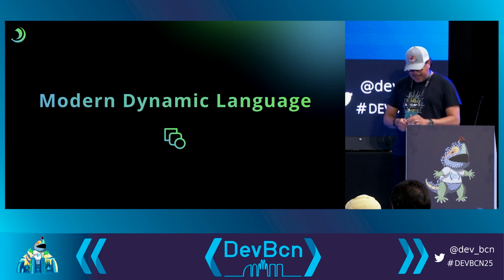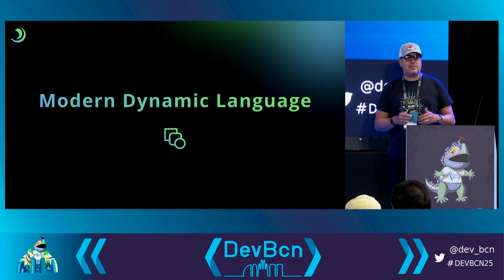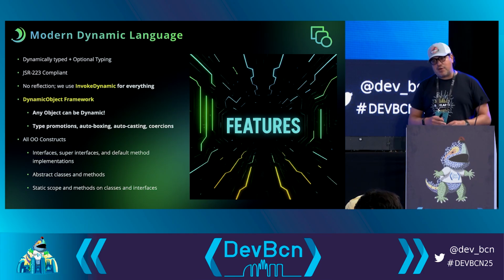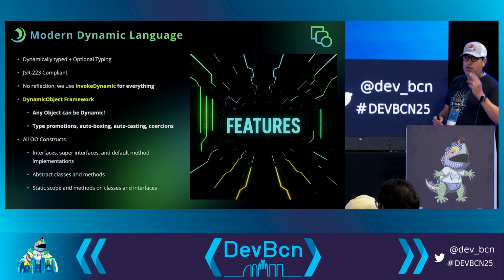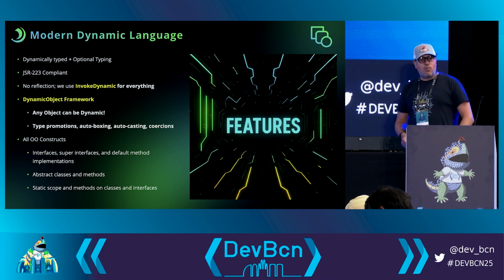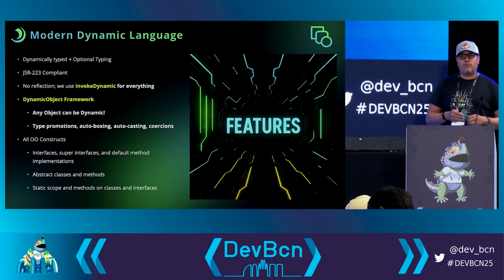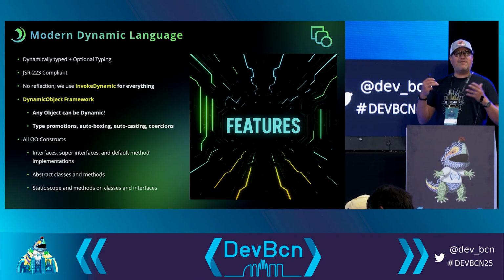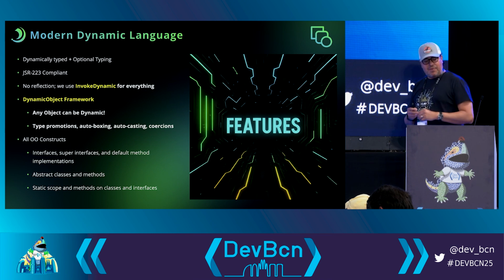Another major aspect of BoxLang is we wanted a modern dynamic language, right? So we wanted to address dynamic typing, but we also wanted optional typing. We wanted to be JSR 223 compliant, which is Java scripting in the JVM. We use invokedynamic. Everything new in the JVM is being used internally.